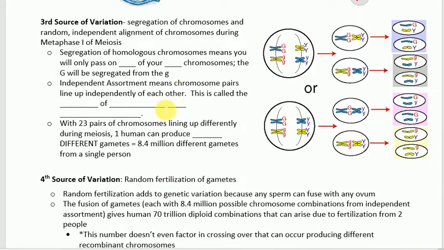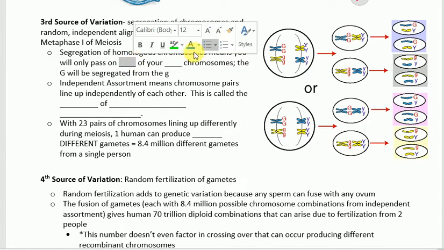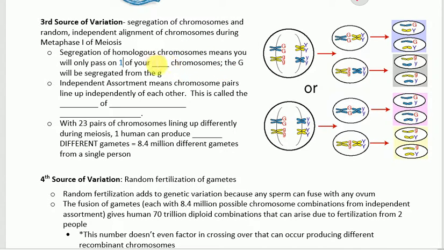Our third source of variation is the segregation of chromosomes and the random independent alignment of those chromosomes during metaphase 1 of meiosis. So the segregation of the homologous chromosomes means that you will only pass on one of your two chromosomes.